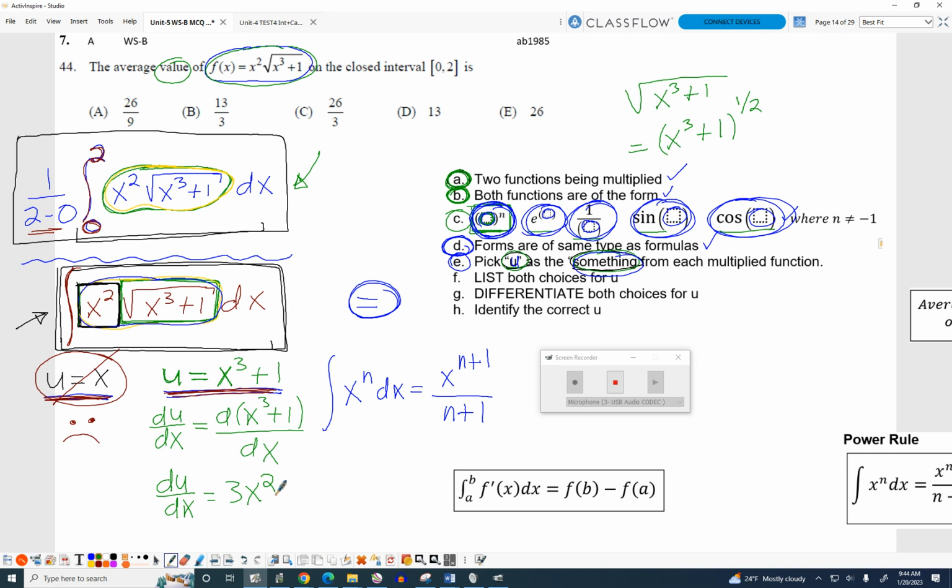So here's the good news. Mackenzie will help me. Mackenzie, this choice of u came from which of the two multiplying functions? Second. Good. We took the derivative of our choice. Is the result of our derivative an exact copy of the first multiplying function? No. No, it isn't, but it only differs by a multiplying constant.